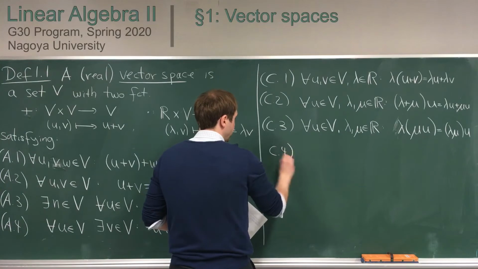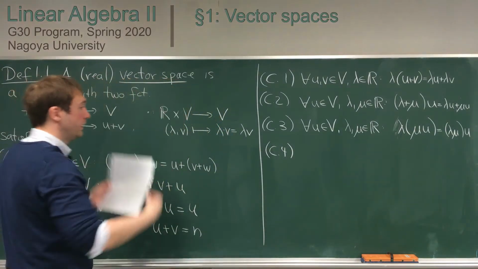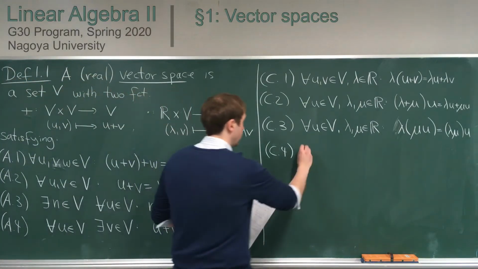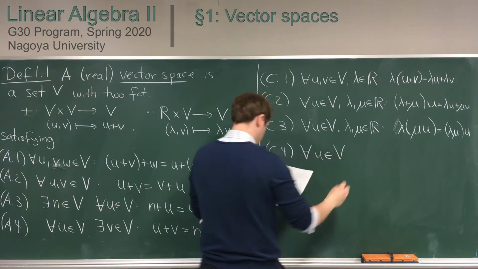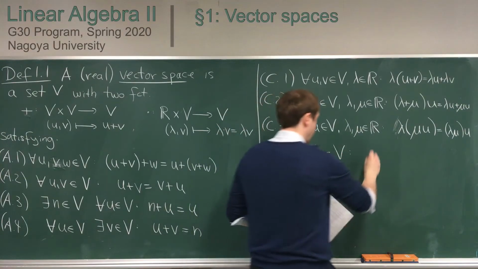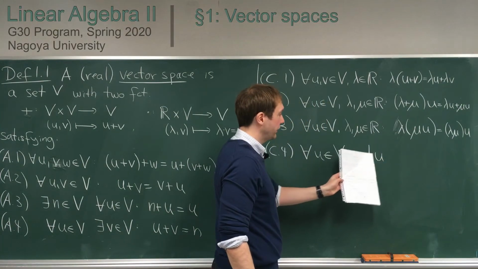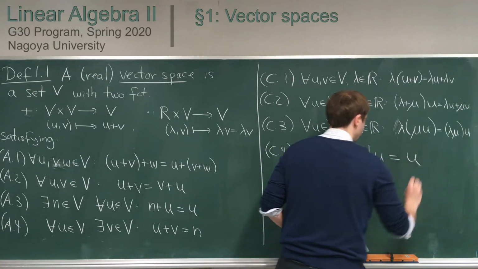And then the fourth property, which maybe sounds silly, but this is one of the conditions because this can be a really general setup here. So if I have a vector u, an element in V, then 1 times u, so the real number 1 scalar multiplication with u, is just u.